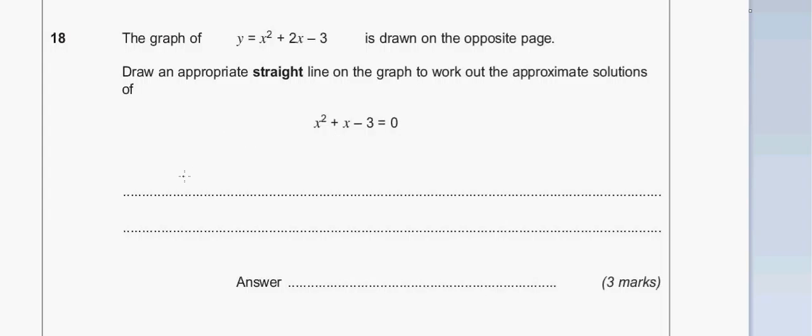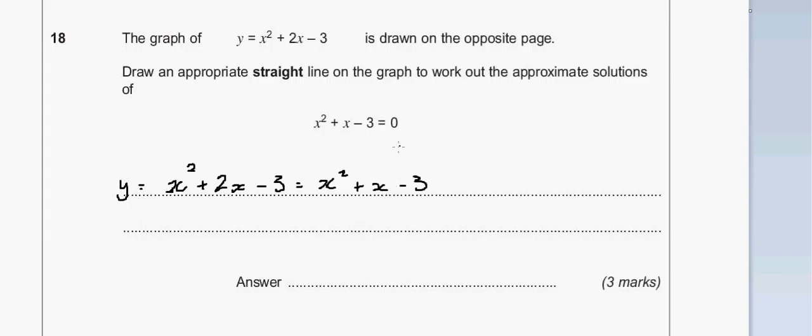So if I have x squared plus 2x minus 3, then this will equal x squared plus x minus 3. And y will equal all of these. So y will equal this, and it will equal this. So ignore the y for the moment.